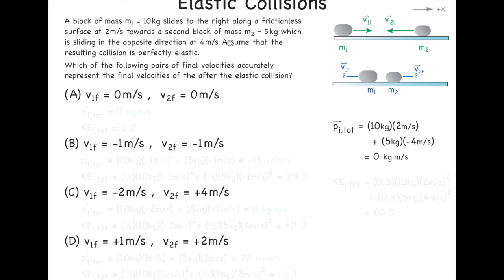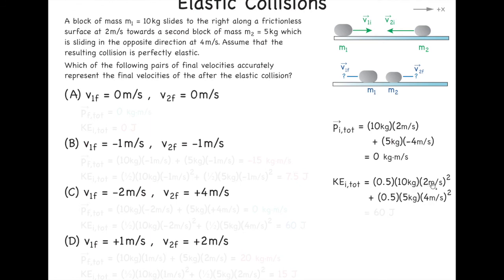And in momentum, everything is linear, so the two momenta cancel out. The two have equal and opposite momenta, and they cancel. All right, so we have 0 initial momentum. Let's take a look at their kinetic energies. So here, kinetic energy is 1/2 mv squared plus 1/2 mv squared for the second block.